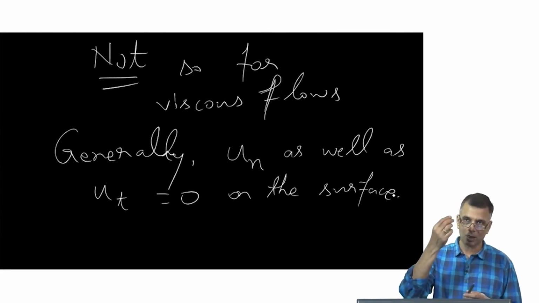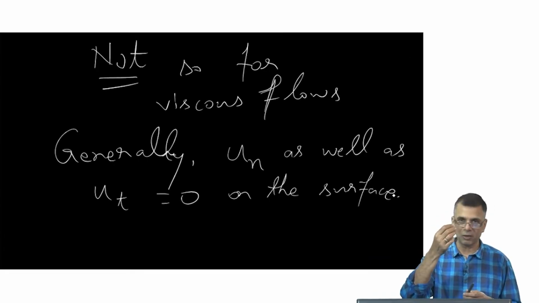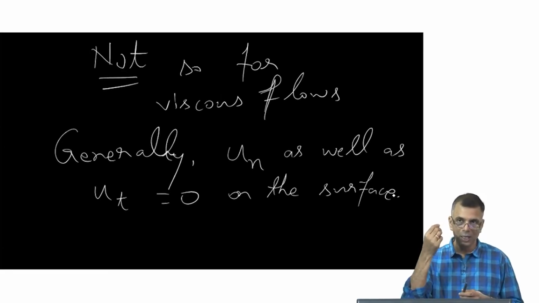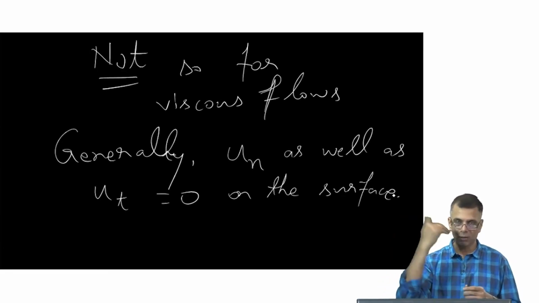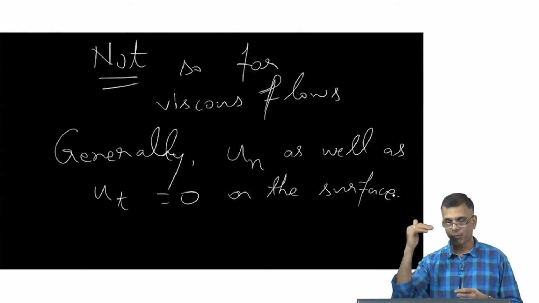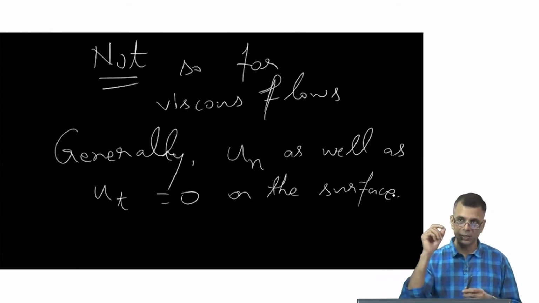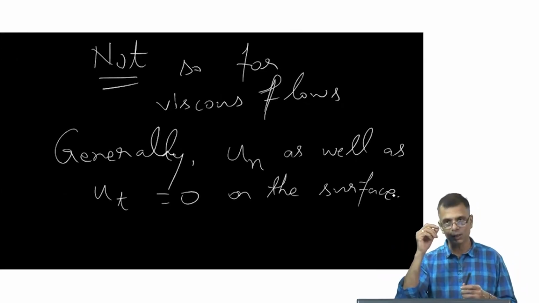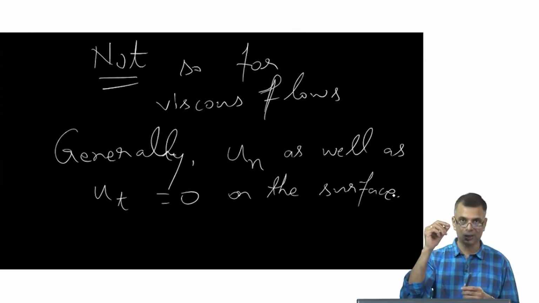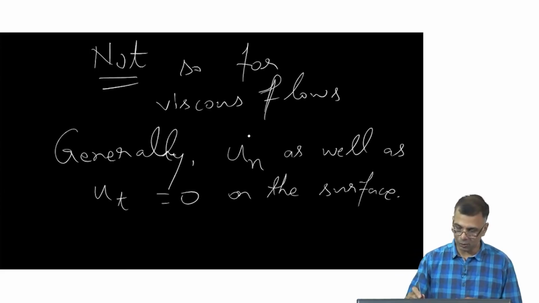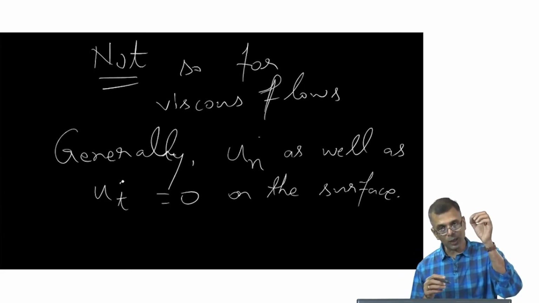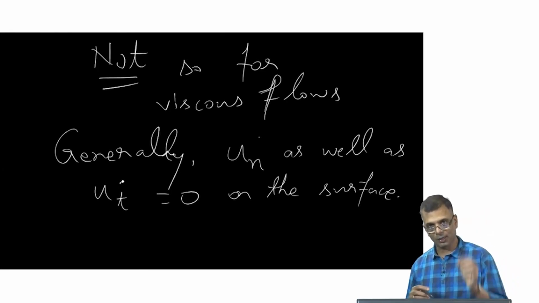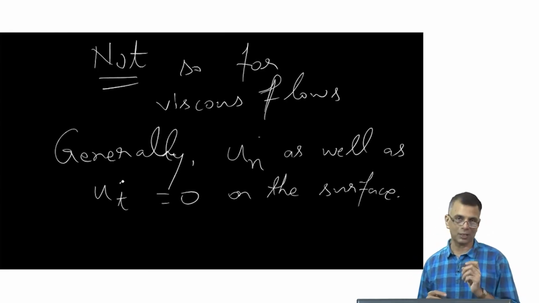As the blade accumulates oil or something, even though the fan blade is rotating, right on the surface the dust particles do come to rest. In other words, u normal as well as u tangential are equal to 0 right there, and that is why you see dust sticking, because of finite viscosity.